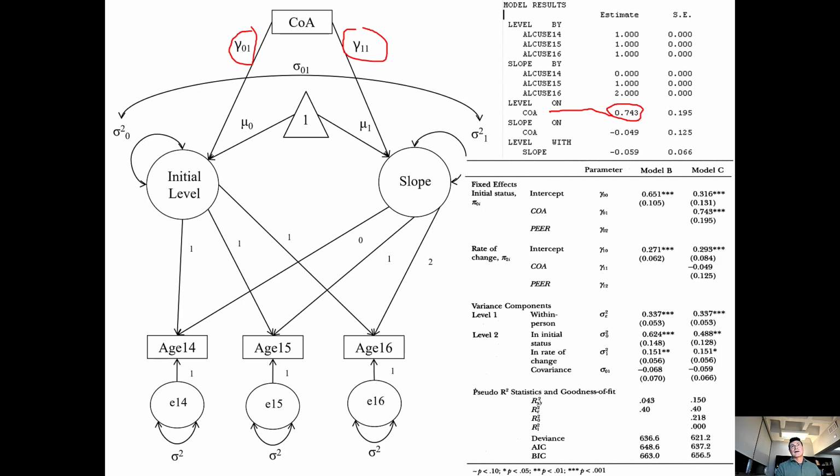This is the effect of having parents who drink on where you start. And then here's the effect of having parents who drink on your slope. So we'll get this with SPSS as well. We'll get an effect on the intercept and an effect on the slope of that.